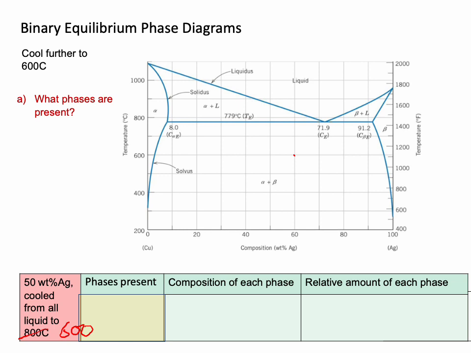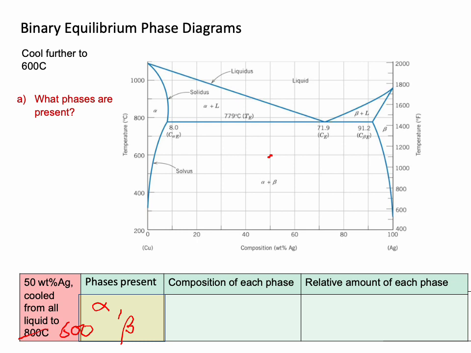Oh, that's 50, sorry. Let's erase that. And 50 is here. Okay, so right there, I'm in the two-phase region, alpha and beta.